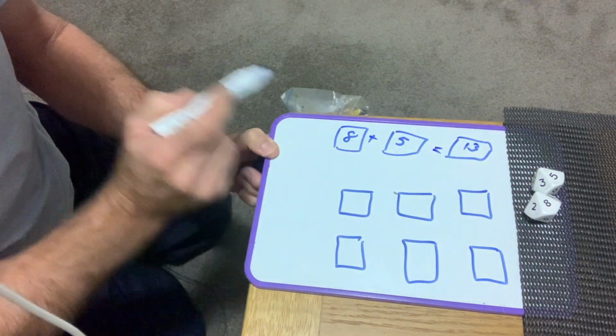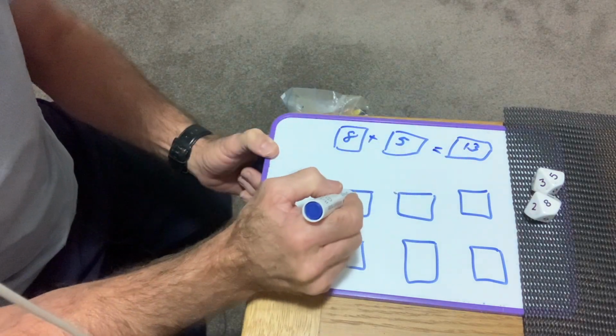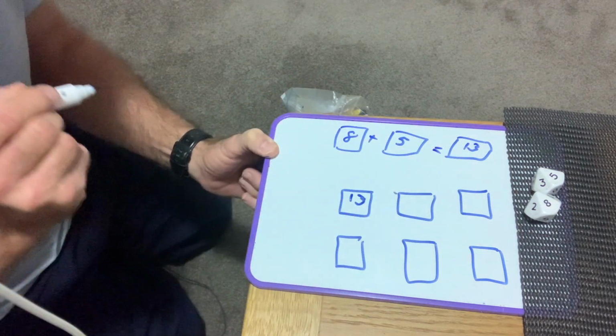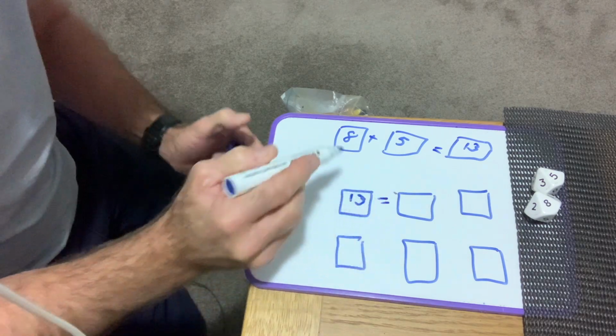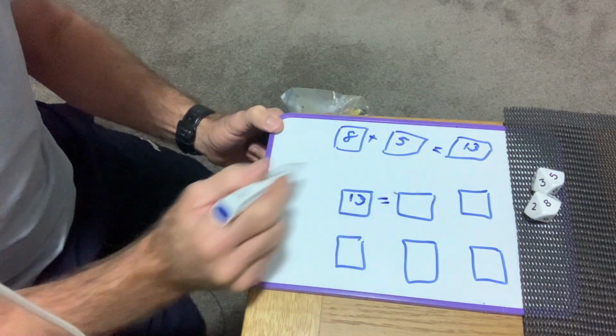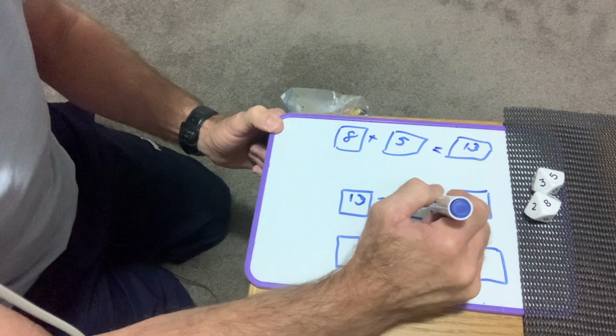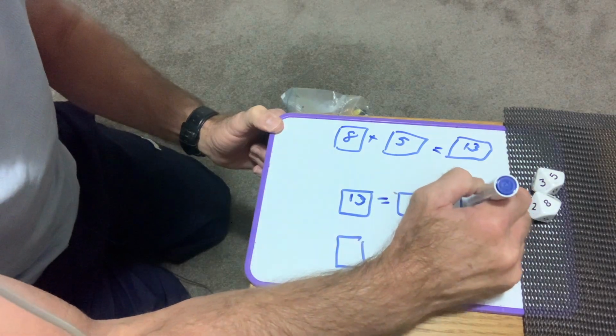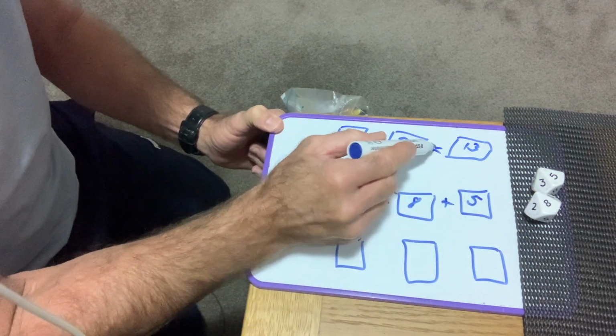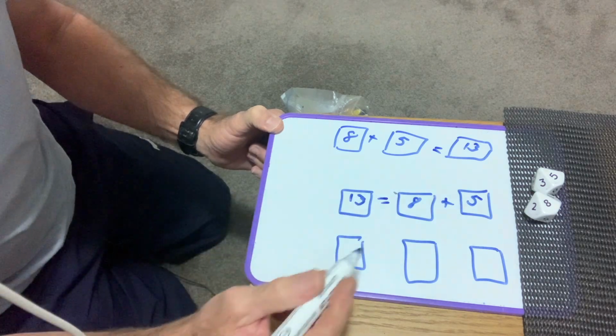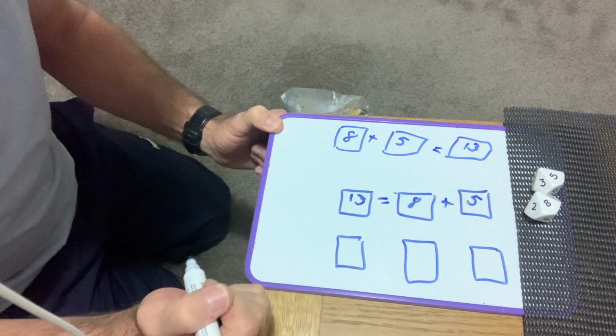If we're doing part, whole, I know what the whole is there. I might start with that. I could say 13 equals, we're so used to doing it that way. So what is 13? Well, it's 8 plus 5. And see how the operations and symbols can change. I could put these numbers in any place at all.